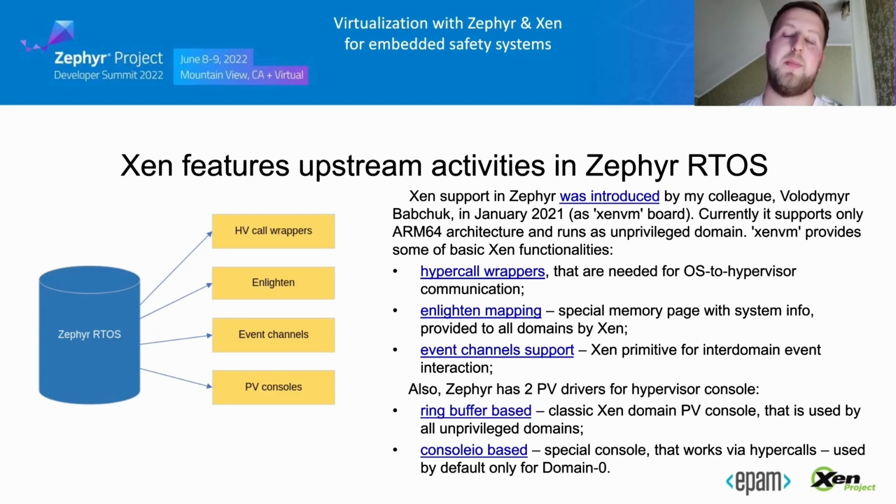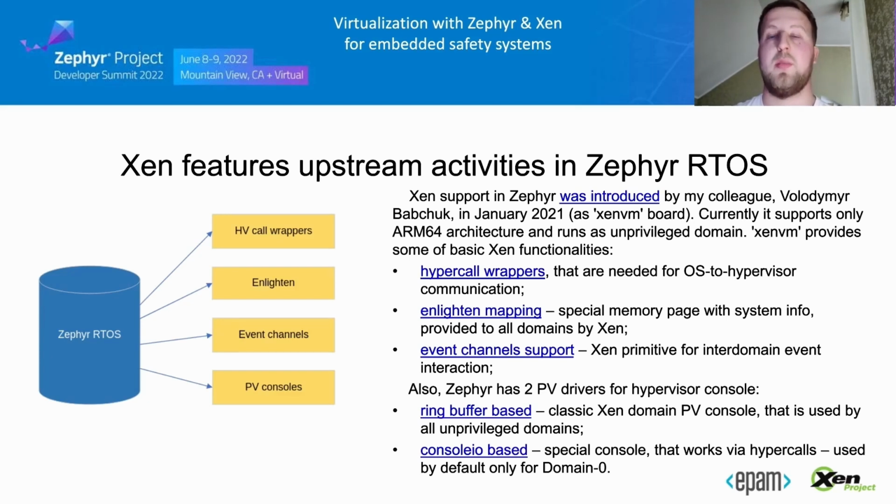He added a special Xen VM board that is supposed to work as an ARM64 Xen guest. It didn't contain any PV drivers and used emulated hardware such as a timer, GIC, and PL011 UART for work.